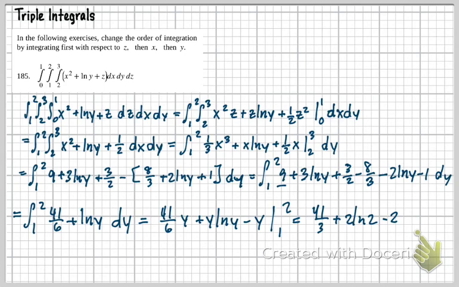Now I have to minus the lower bound. And that lower bound is going to be 41/6 plus ln of y minus 1.